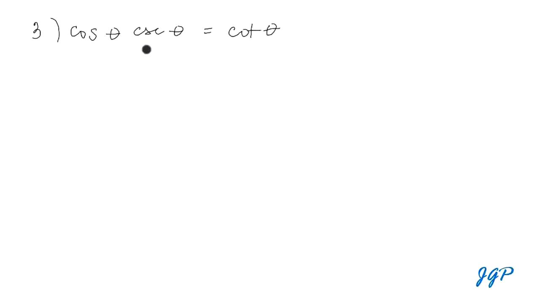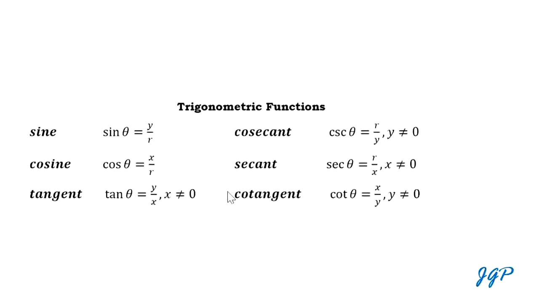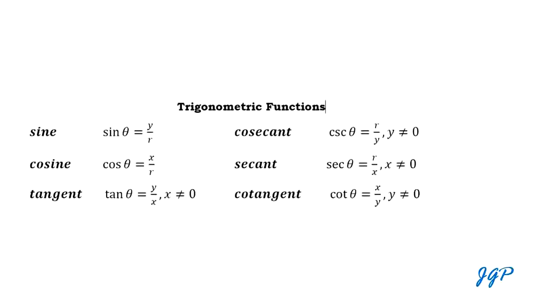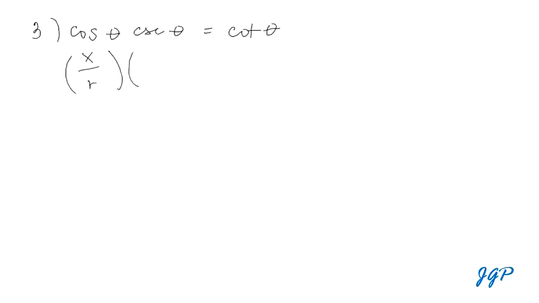Cosine theta is x over r, so let's have x over r, multiply natin, the cosecant theta is r over y, is equal to cotangent theta. In this case, pwede nating i-cancel si r. So ang natira na lang is x over y is equal to cotangent theta.